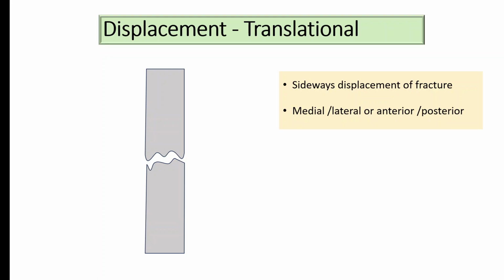When displacement occurs in the coronal plane, it could be a medial displacement or lateral displacement, and if it occurs in the sagittal plane, displacement can be anterior displacement or posterior displacement. So, this is the sideways displacement, which is known as the translational displacement.